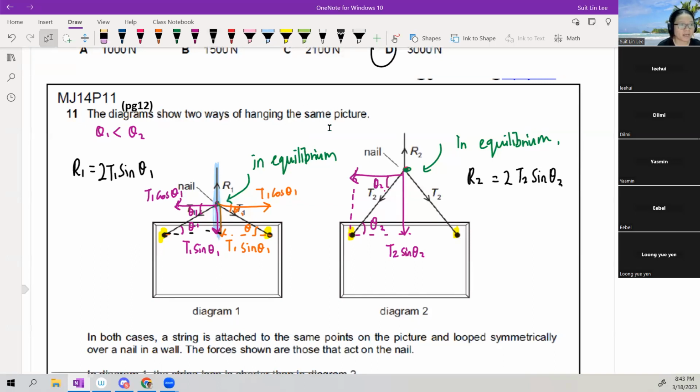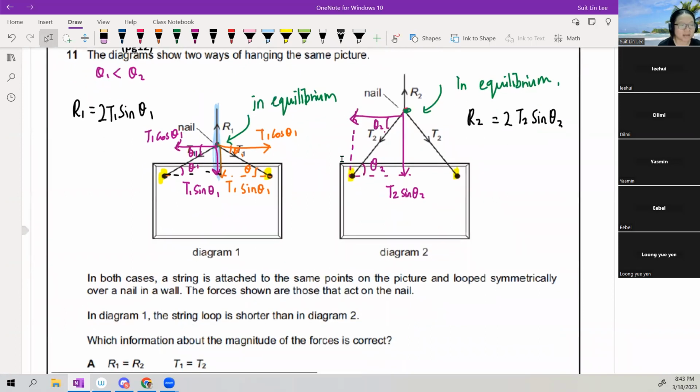Now I need to compare these two equations and do a bit of maths, right? So first things first, it's pretty obvious that R1 and R2 will not be the same. Okay, how do I know? Well, let's see. Let me start with this one. Theta 1 is less than theta 2, which means sine theta 1 is less than sine theta 2.